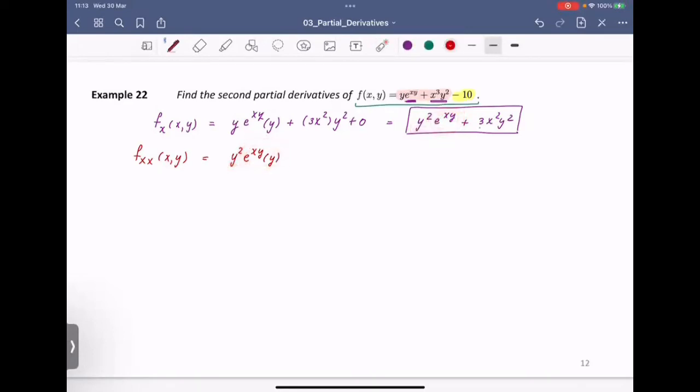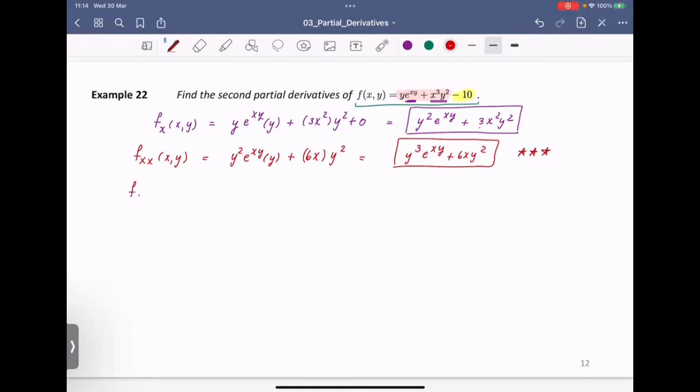And then the last term, differentiate with respect to x, so you get 6x times y squared. Am I right? So at the end, your answer here is y cubed e to the xy plus 6xy squared. Well, this is the first answer, fxx, differentiate with respect to x 2 times.